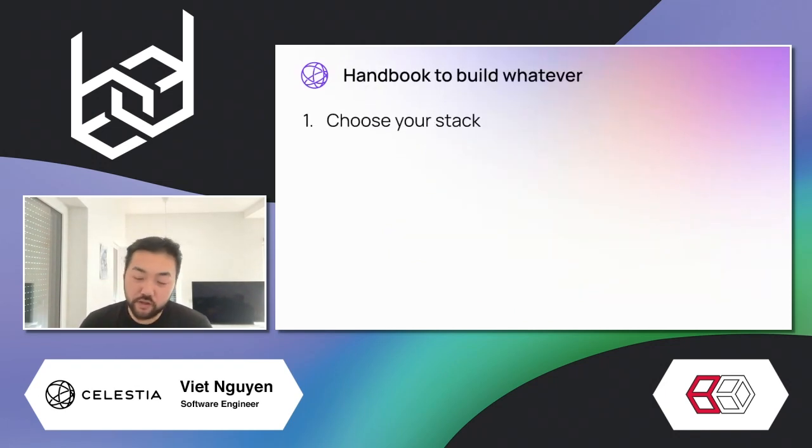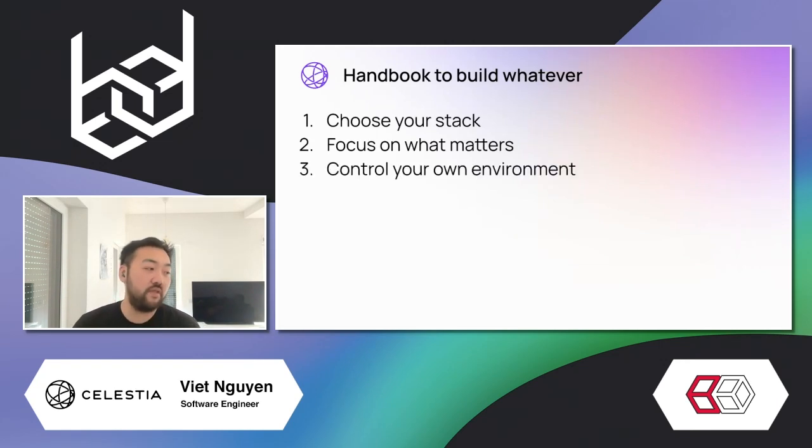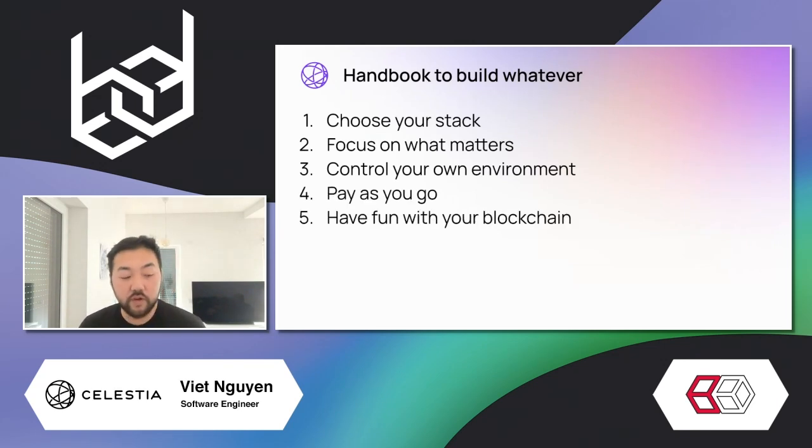So the handbook to build whatever. Let's imagine right now, all of us listeners, we have gathered consensus and say, hey, let's run an EVM OP stack chain. And we will focus on what really matters.